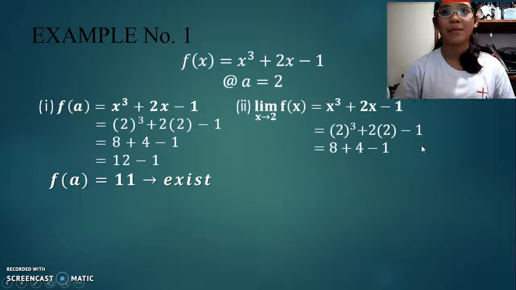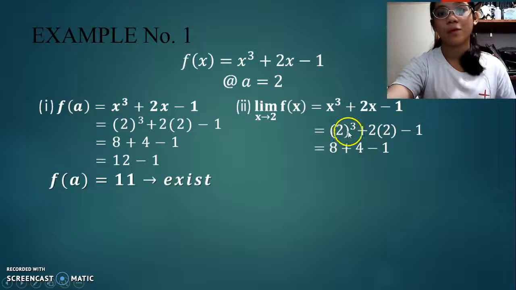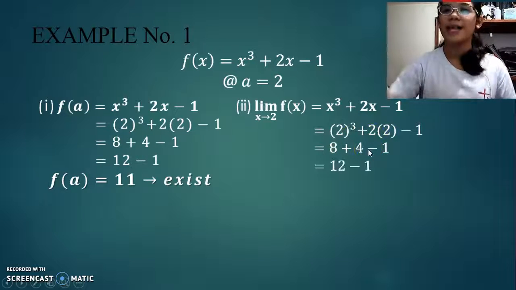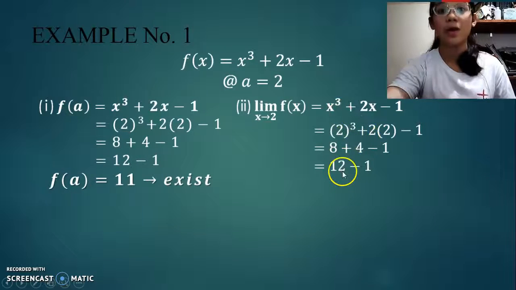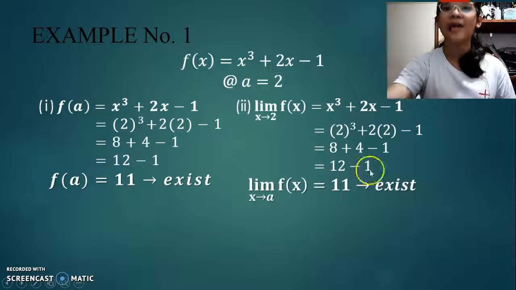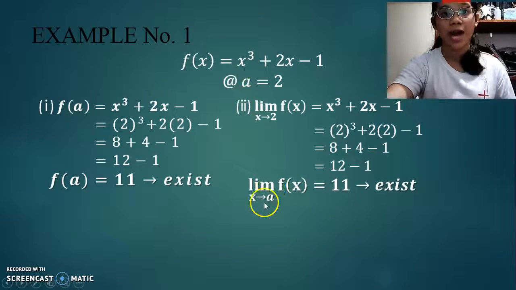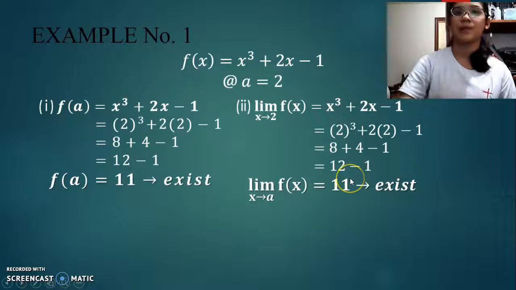According again to the PEMDAS rule, 2 to the power of 3 is 8, 2 times 2 is 4, and adding 8 and 4 we come up to 12, then minus 1 we have 11. So the limit of the function of x, where x is approaching a, or 2, is 11. 11 again is an existing number.